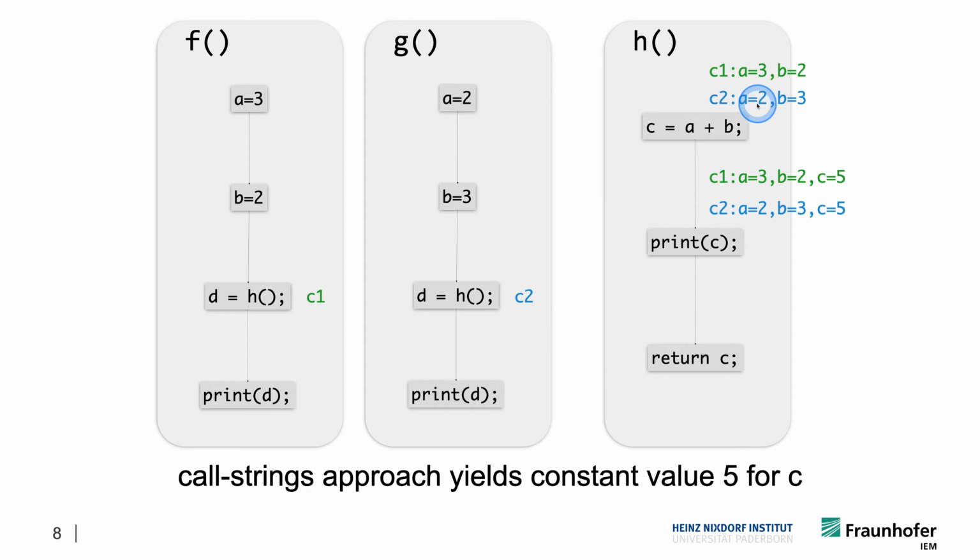So here we have different context information, it's different input values, but nonetheless, because the plus operation is commutative, right? So we also obtain the value 5 here for C. Okay, so that means there is a way, for instance, using the call strings approach to get a precise answer for the constant value of C here.